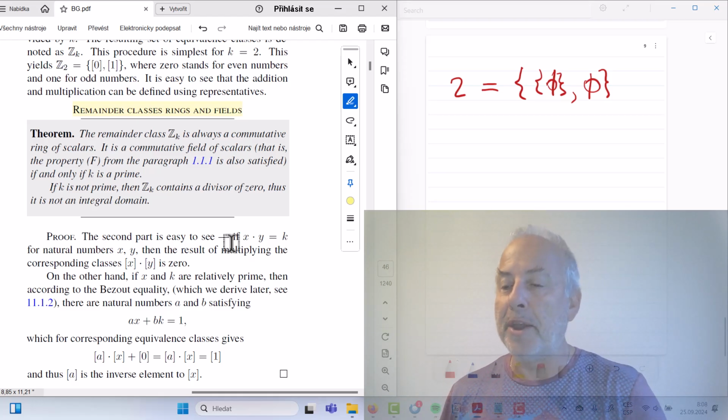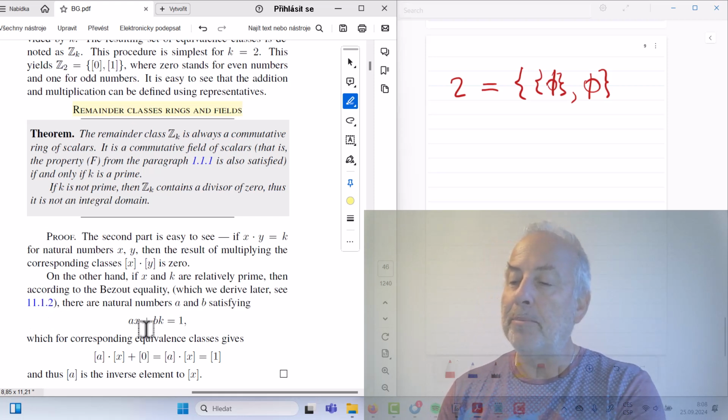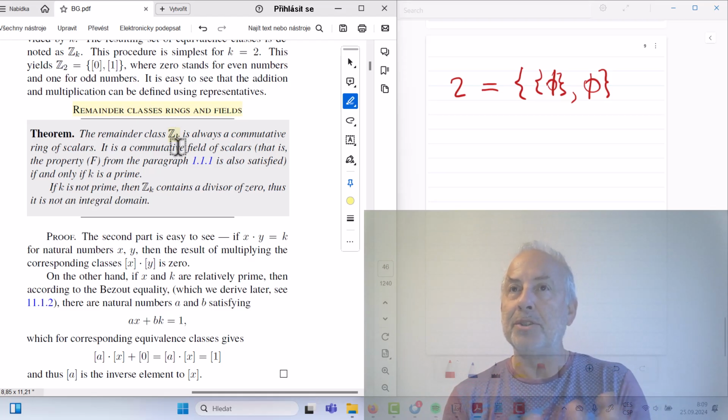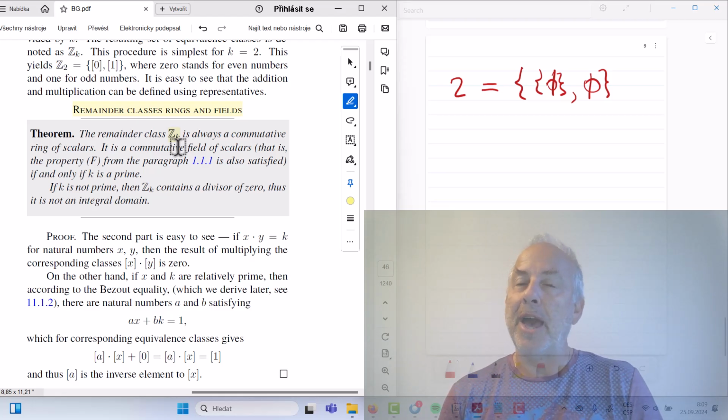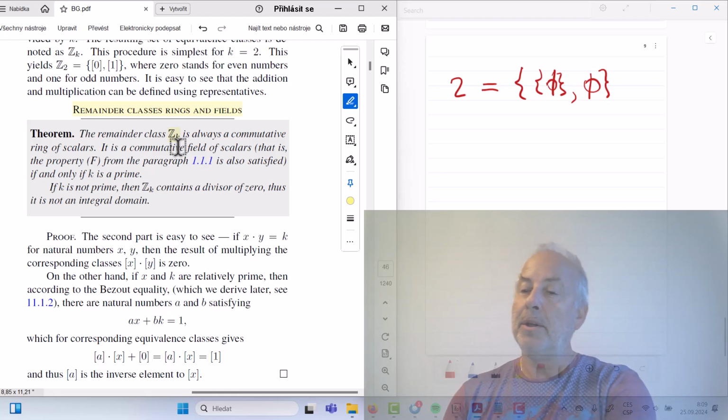It will need some more care, but you can either look in the later chapter, or you can believe what I say, and you see that if k, the chosen integer defining the remainder classes, is a prime, so it doesn't have any divisors, so it is divisible without remainder only by itself and 1, then the result is a field. So it has got all the rules we wanted for the reals and rationals, and it obeys them.